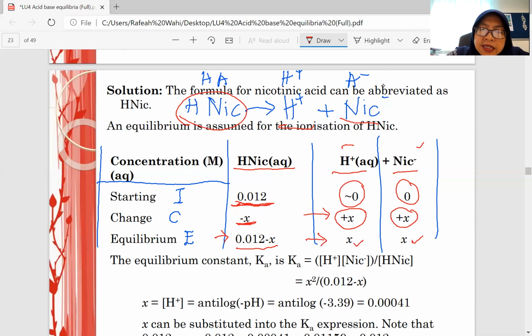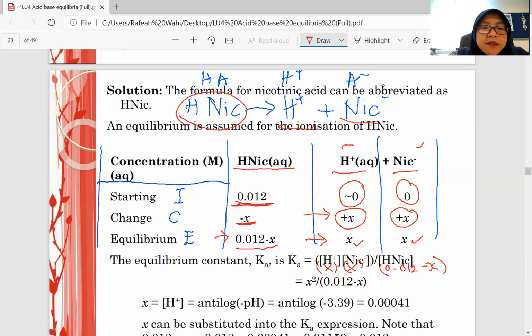Here this would be X, H plus ion. This would be X, the conjugate base. And this would be 0.012 minus X. How do we get this? We get this from the ICE table, the row for equilibrium concentration.